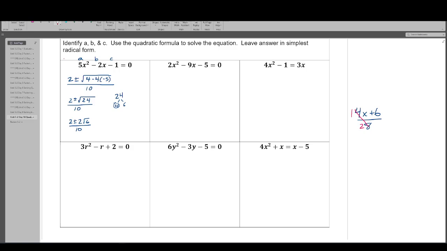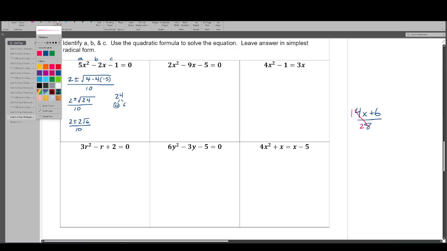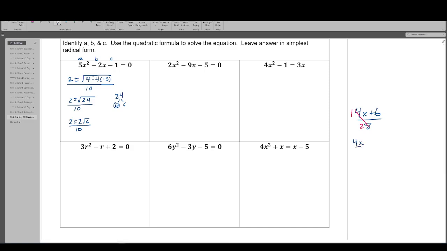The problem with that is you simplified only part of it. It's a distribution error basically, because 4x plus 6 over 8 means 4x over 8 plus 6 over 8. And you simplified the 4 over 8, but not the 6 over 8, and it just magically is now 6 over 2. You changed its denominator without shrinking it accordingly.